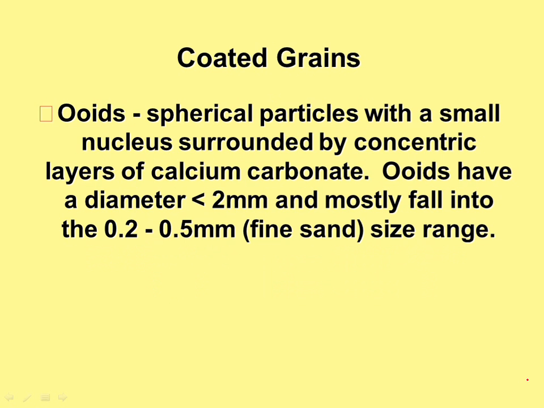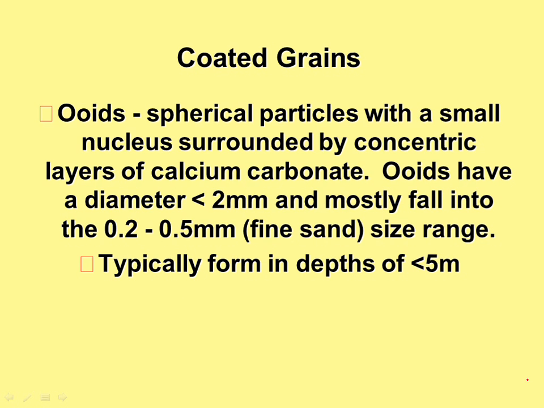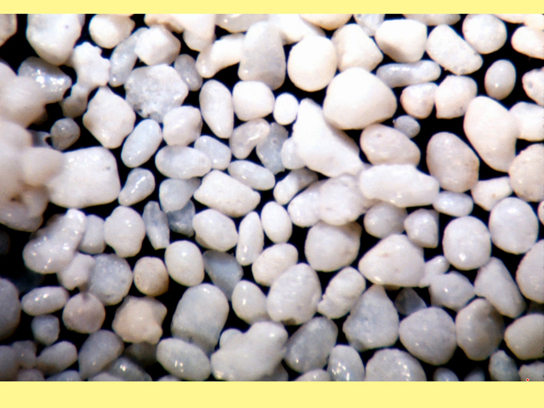And as I say, these form on the seafloor by being washed back and forth. They typically form in depths of less than 5 meters. That's in large part because of the agitation component of the environmental setting. And this is what they look like.